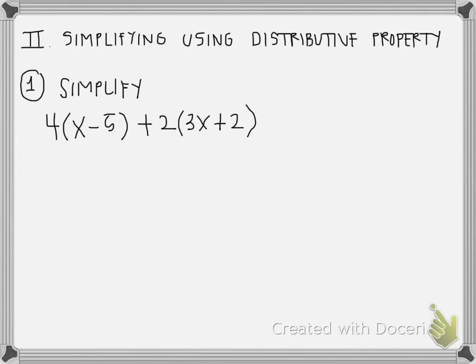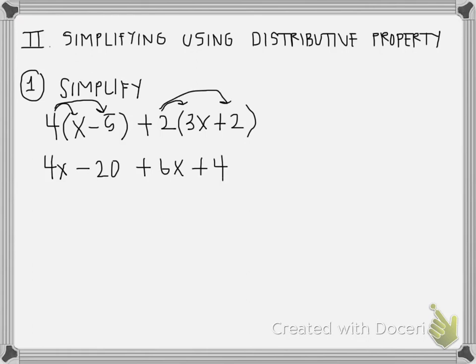Okay, so right here I'm going to say 4 times x, which is a 4x, 4 times negative 5, which is a minus a 20. Then I'm going to say 2 times 3x, which will be a positive 6x. And 2 times 2, which is a positive 4.